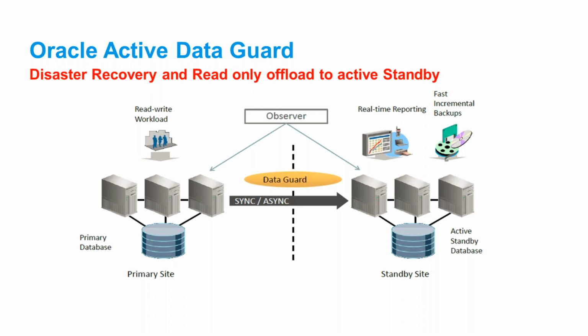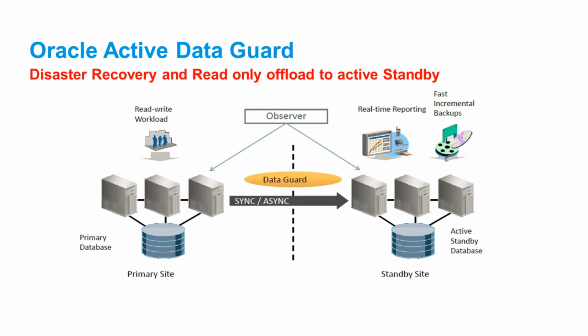In Data Guard, what happens is Data Guard is a block by block replication. Data Guard replicates everything, whatever happens on source, it will replicate to the other side. In Active Data Guard, the advantage is the target database is also in read-only mode.